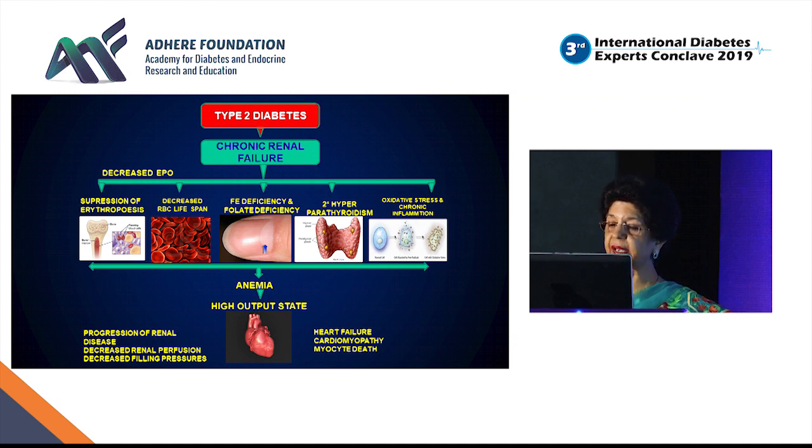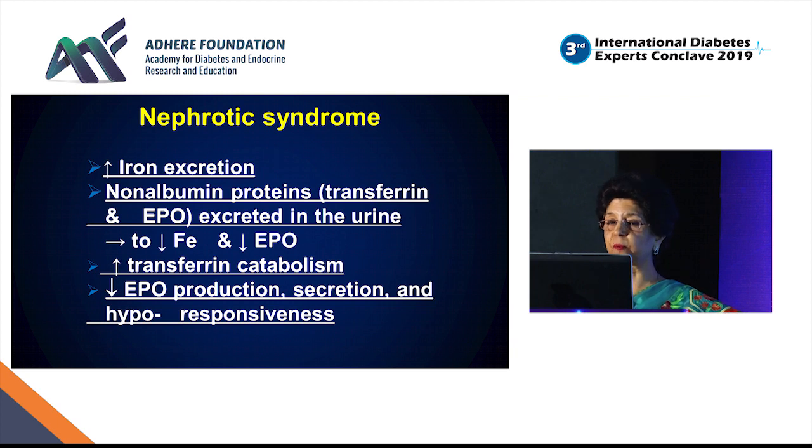We can have heart failure, cardiomyopathy, myocyte death, and progression of renal disease as well. What about nephrotic syndrome? There is increased iron excretion. We have reduction in iron as well as erythropoietin. Transferrin catabolism is increased. There is reduction in the erythropoietin production, secretion, as well as hyporesponsiveness.